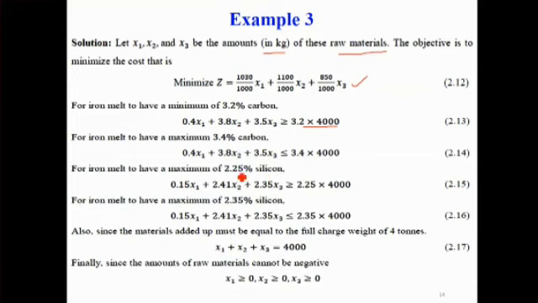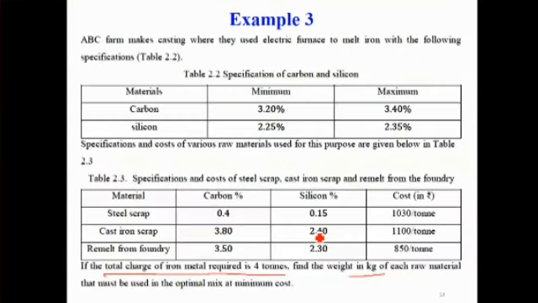Similarly, you can find it out for silicon also. Silicon minimum is 2.25, maximum is 2.35, and the values are 0.15, 2.4, 2.30. So 0.15 x1 plus 2.4 x2 plus 2.3 x3 will be the linear combination.